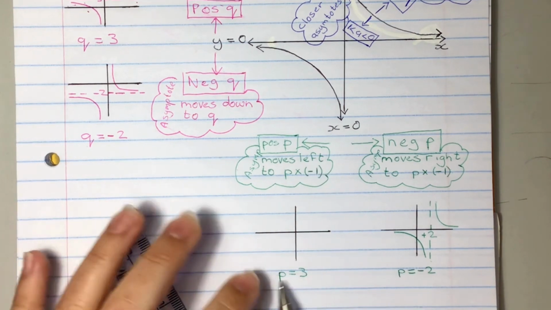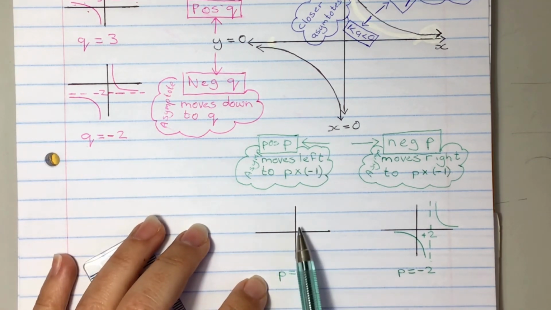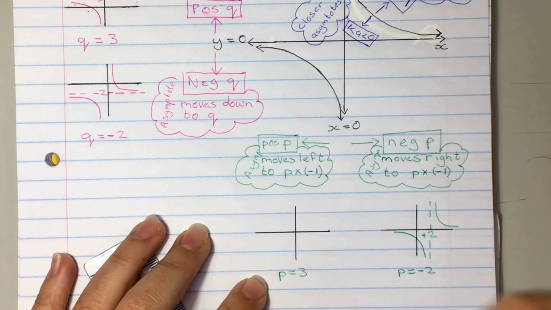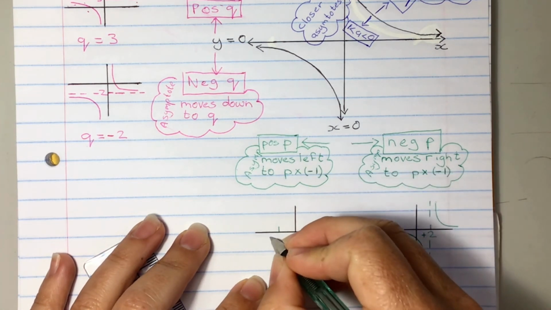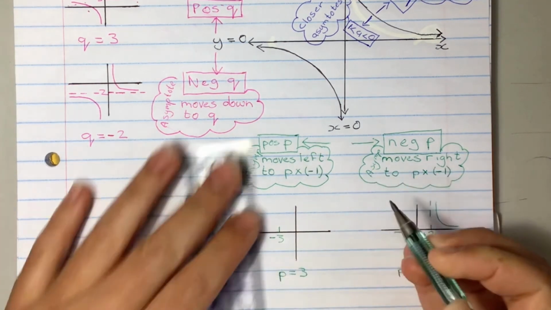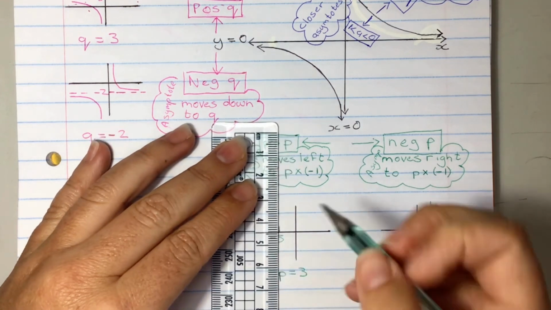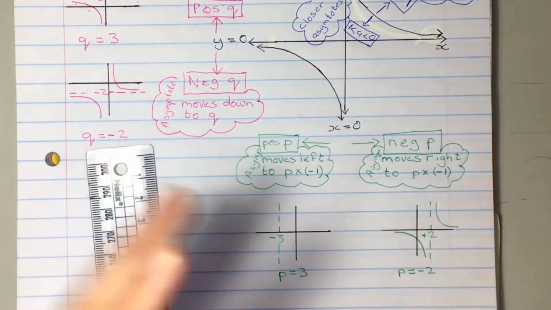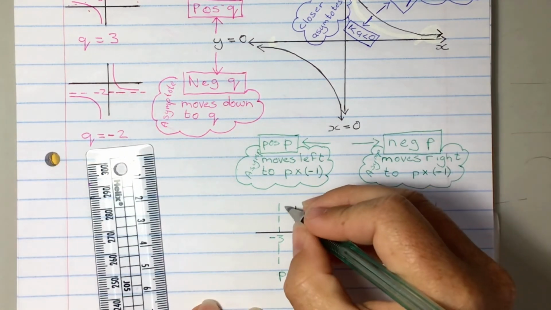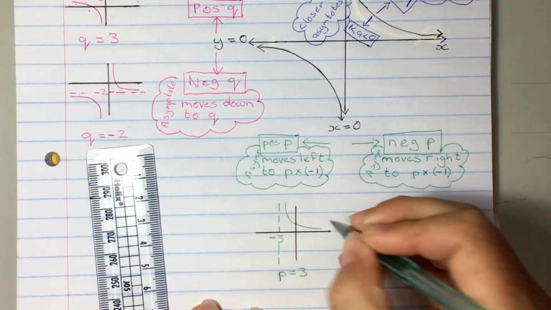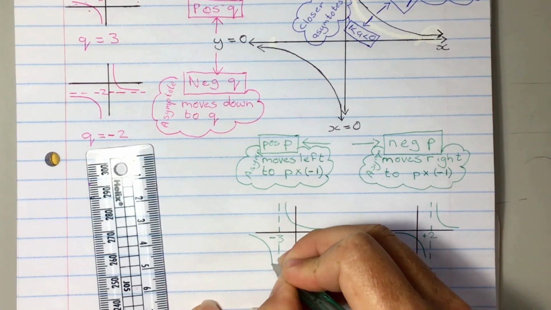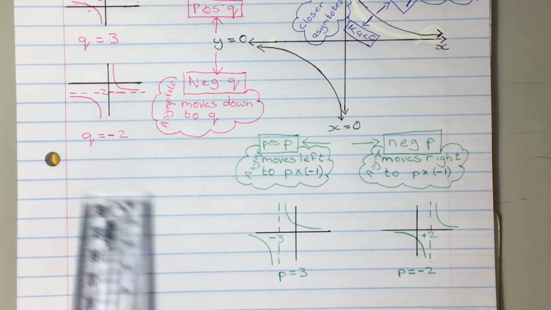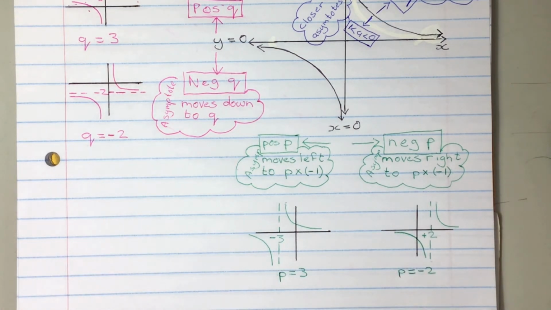If we look at P equal to positive 3, we move 3 to the left, bringing us here to -3. And so my asymptote moves from the y-axis left to -3. And this moves my whole graph left. And so we have our graph over here and over here. And that is a summary of the effects of A, P, and Q on our graphs.